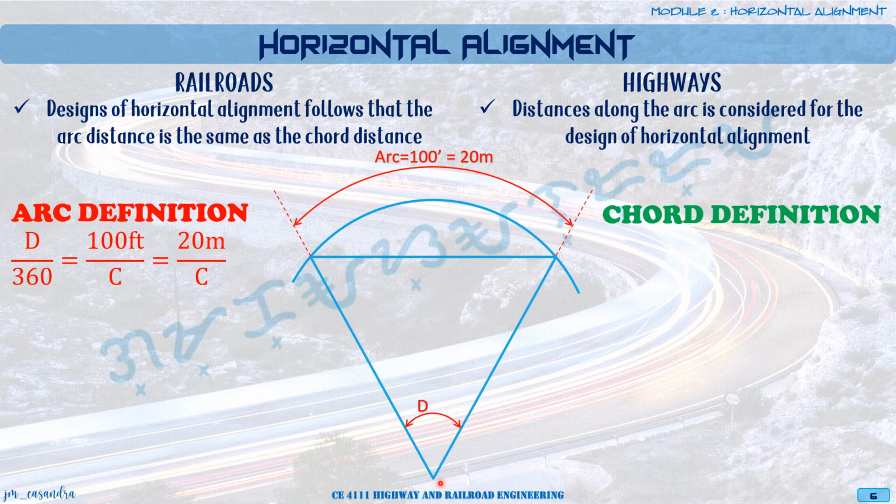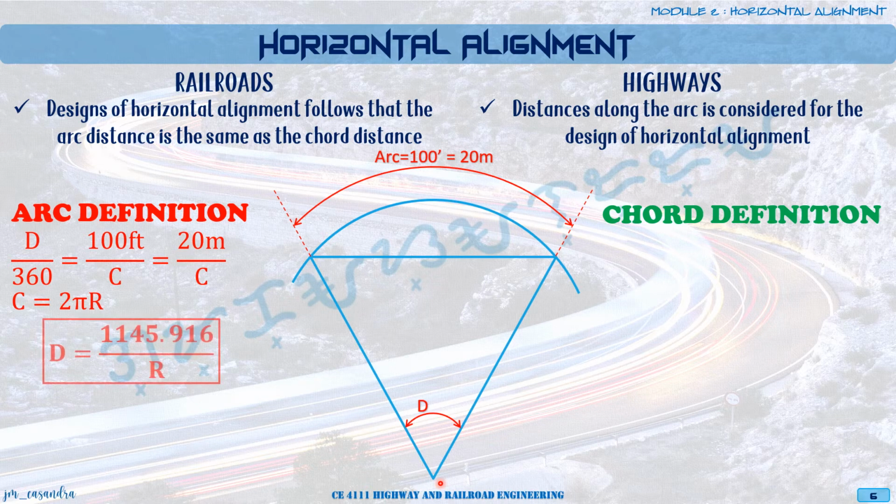So for D, we have 100. 360 is for the circumference of the circle or the total length of a circle, or in metric, that's 20 meters over C. So C, as we know, is 2 pi r, or we can now get the relationship between the degree of curve and your radius of curvature.